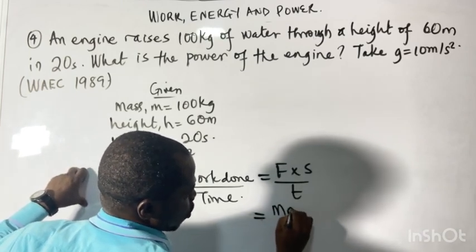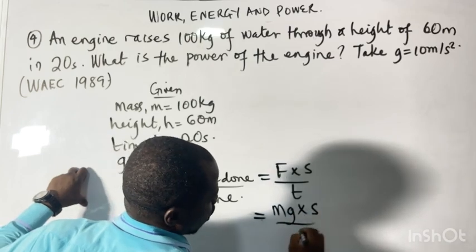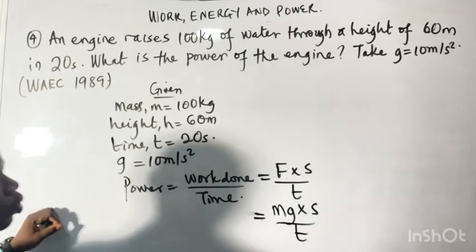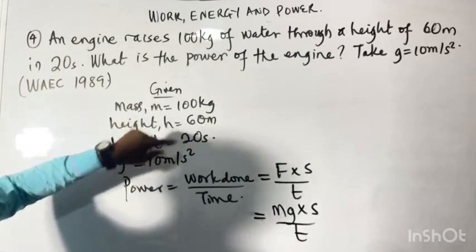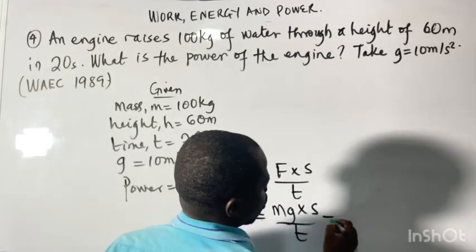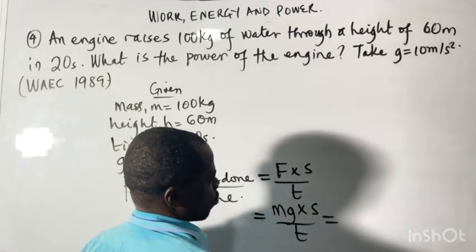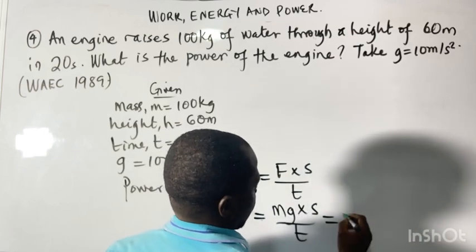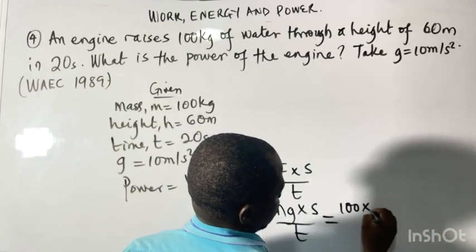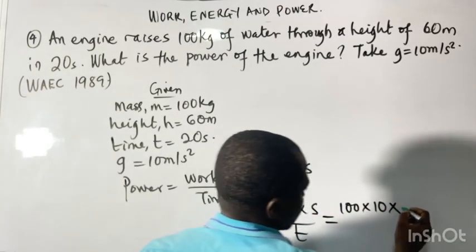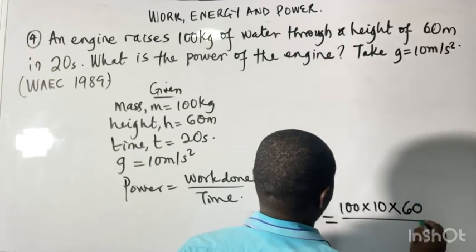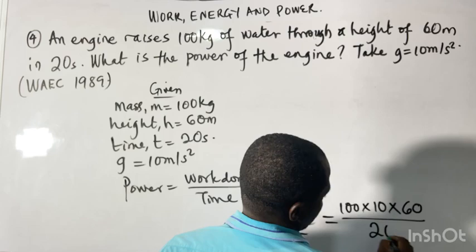That's mg times x divided by time. So we have the mass, acceleration due to gravity is given, we have the distance, and we have the time. So on substitution, what are we going to have here? We have mass is 100 times 10, then times distance. Distance is 60 meters divided by the time, which is 20 seconds.